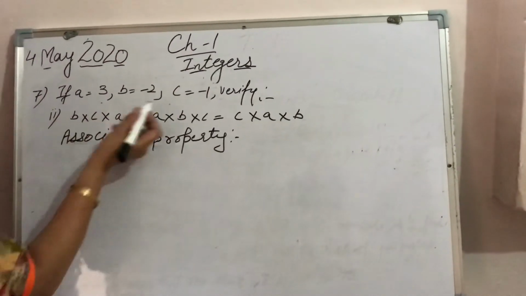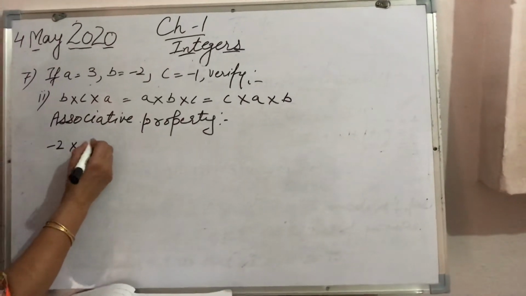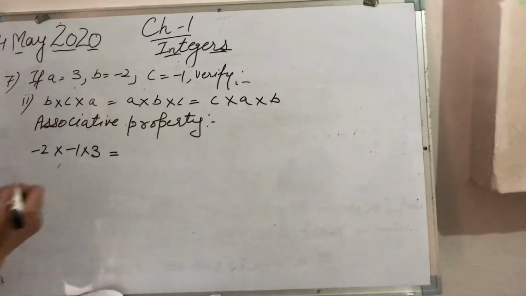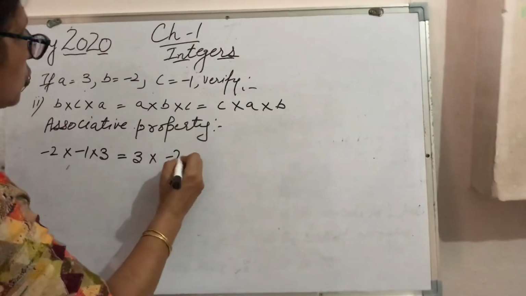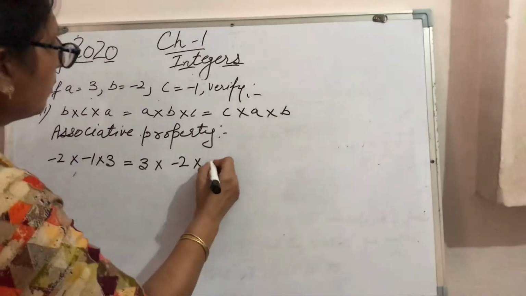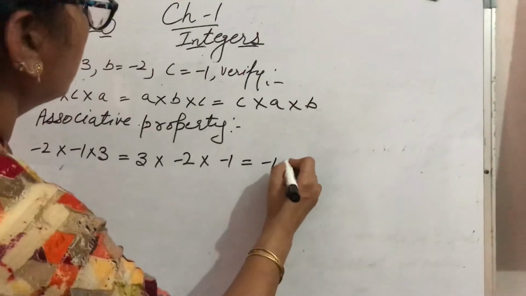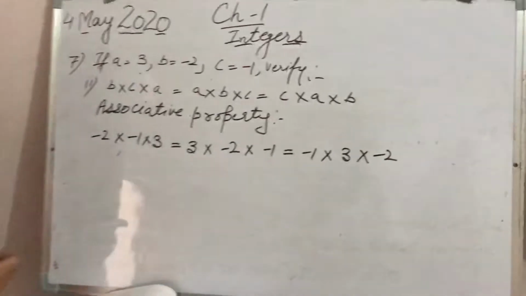Replace the value of B: it's -2 multiply C -1, then A, it's 3, equal to value of A 3, B -2, C -1, then again C -1, A 3 and B -2.